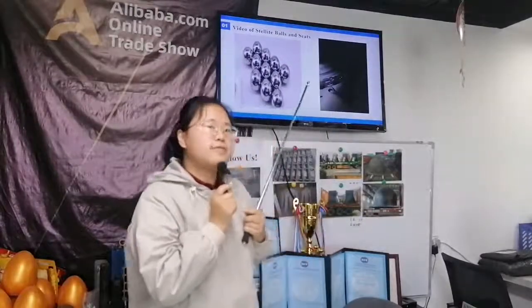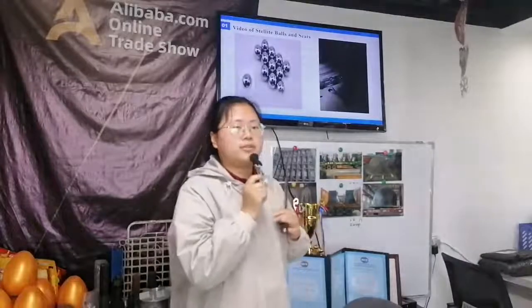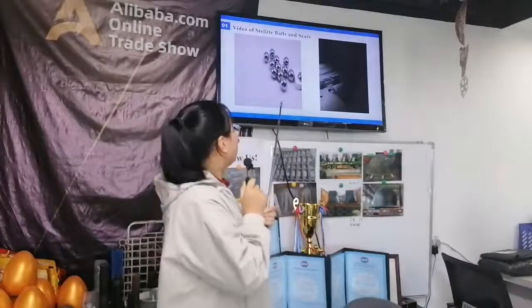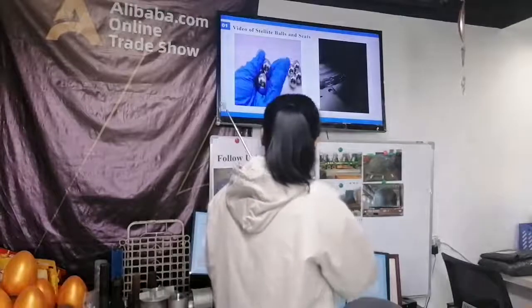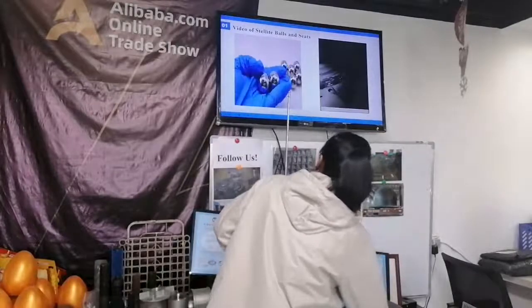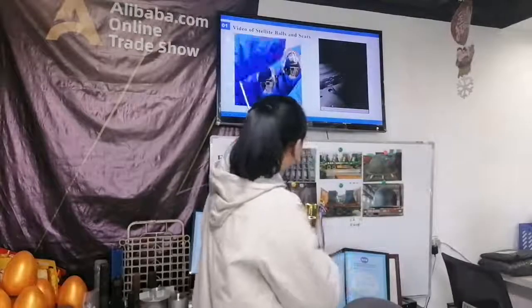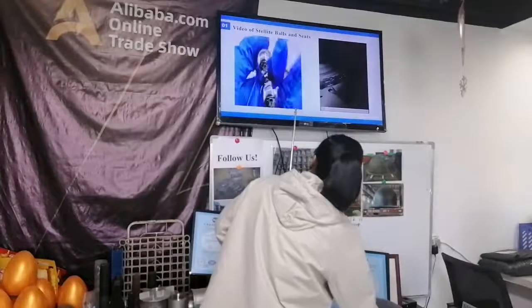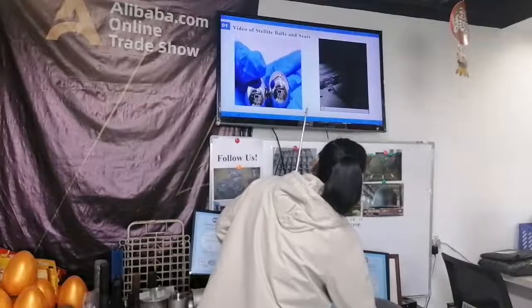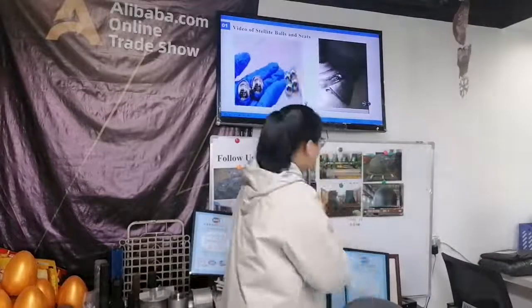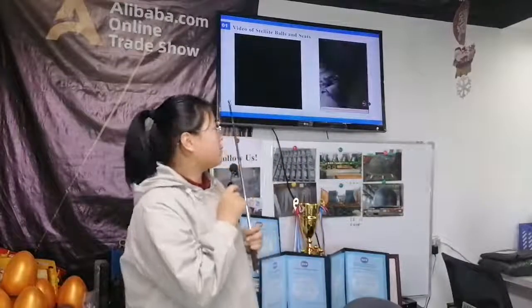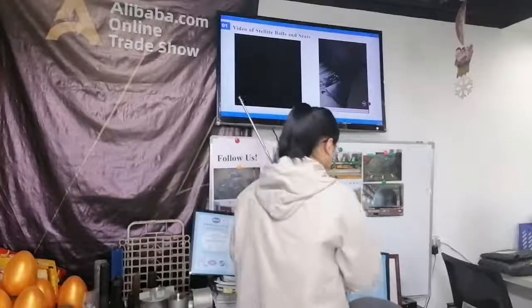The material is Stellite 20. The surface is G100. Next video is the process for Stellite balls.